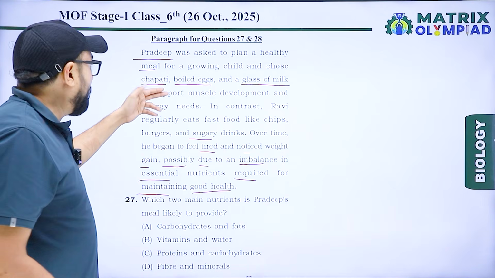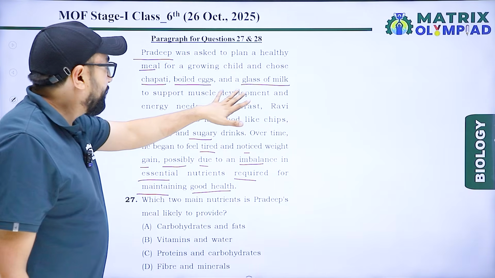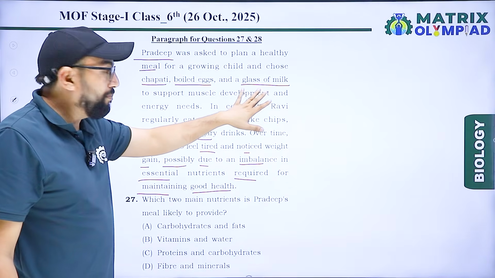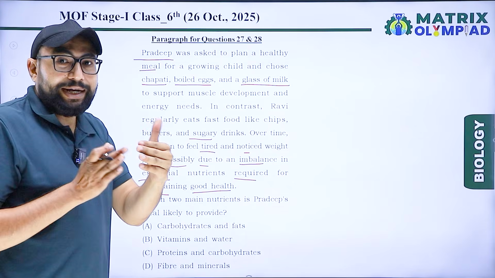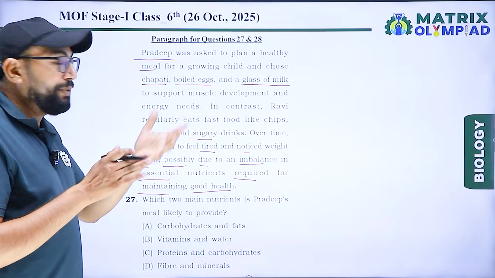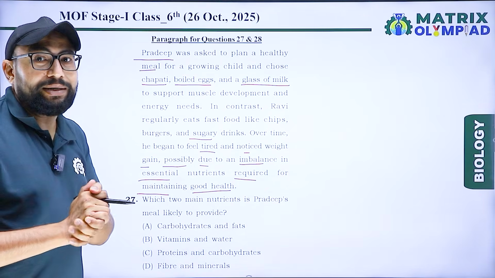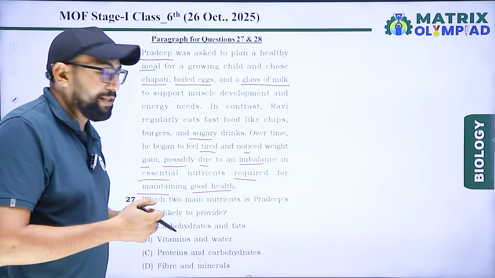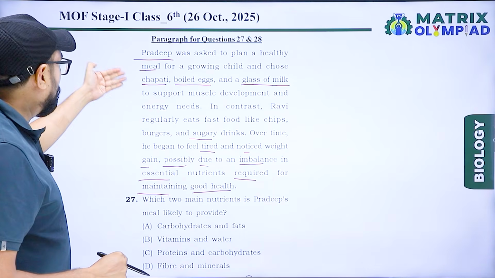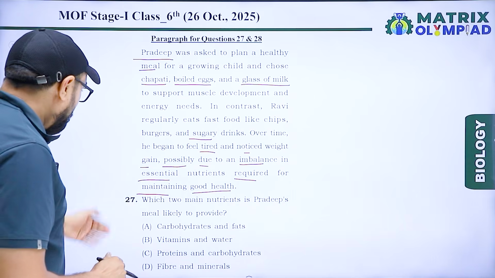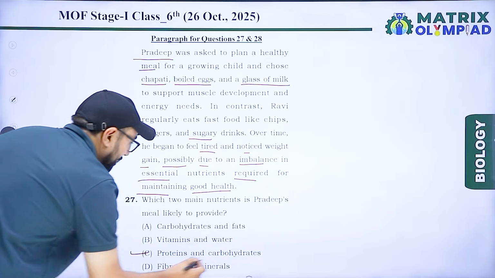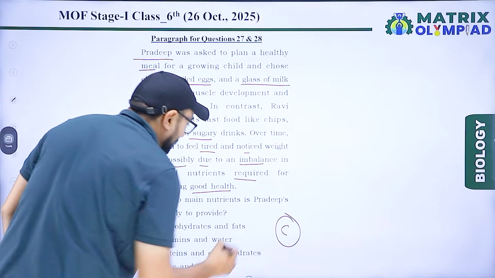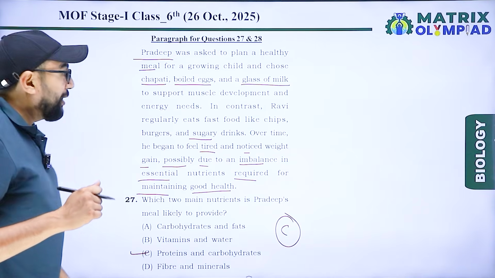Chapati for carbohydrate, egg for protein, and milk for lactose sugar, that means carbohydrate, and a minute amount of protein also. So according to the paragraph, option C, protein and carbohydrate, is correct.